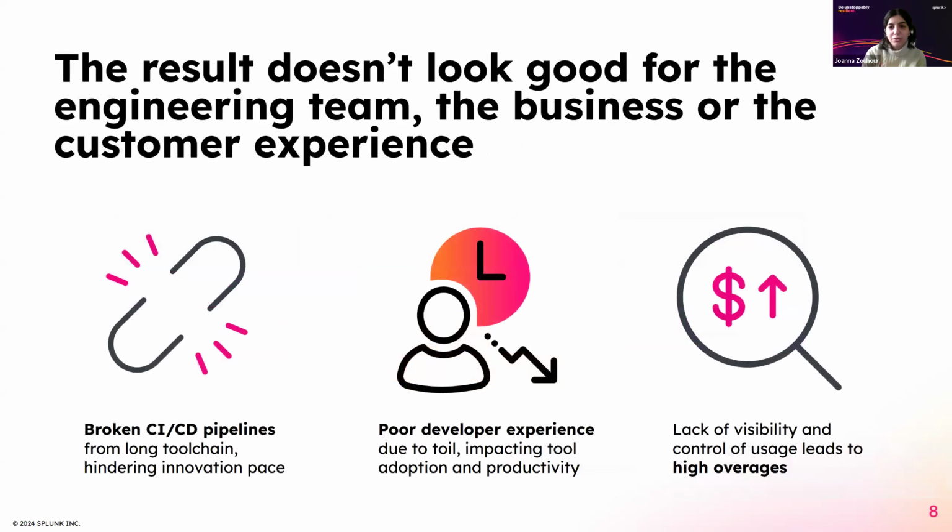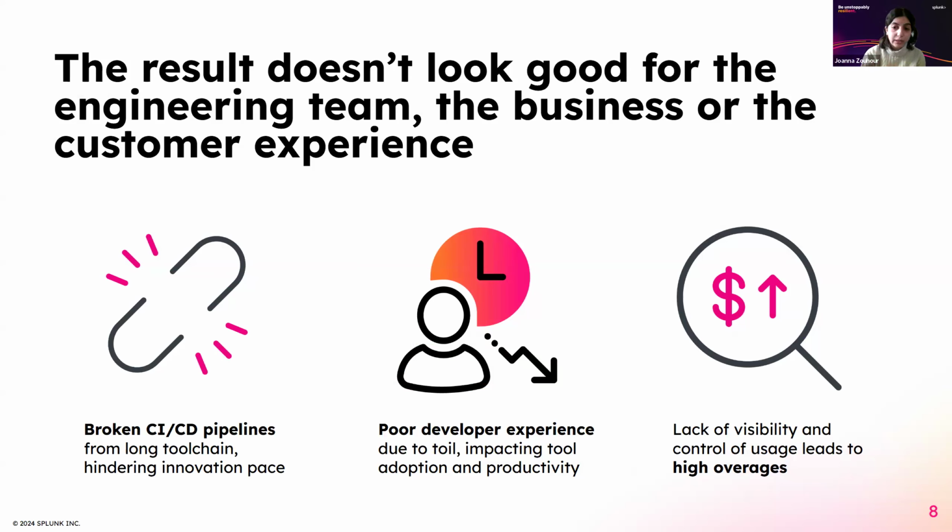Now, this leads to two main problems, right? There's an engineering problem, there's a business problem, and then there's a customer problem. On the customer side, right, those tools sprawl and the fact that they're all separate, that leads to a more broken CI/CD pipeline, which will hinder that innovation pace and eventually affect those digital experiences.